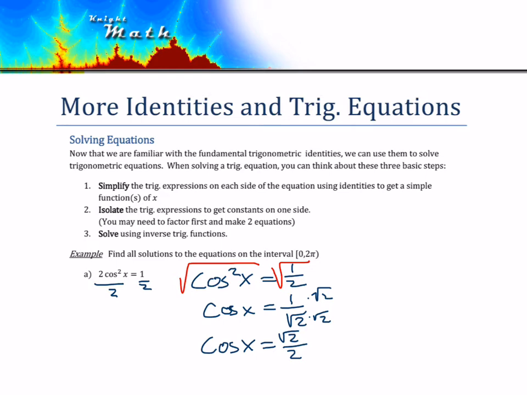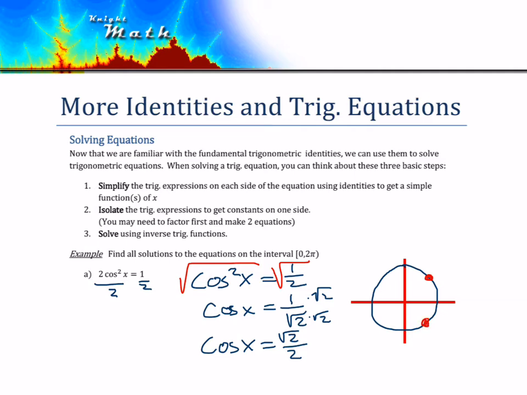Remember, we're going to think unit circle here now. So let's sketch a unit circle, and we want to think about where we have a cosine. It's a beautiful unit circle there. And so where do we get a cosine that is root 2 over 2? Well, that happens at the 45s. Remember, cosine on the unit circle is the x-coordinate. So cosine is positive right there at that 45, and right here, this negative 45.